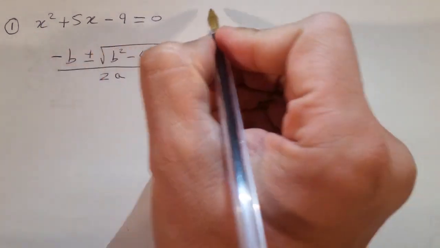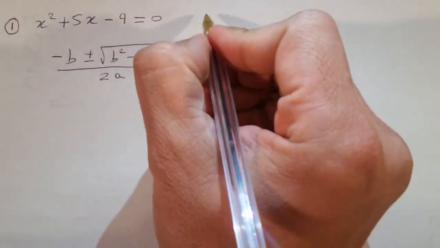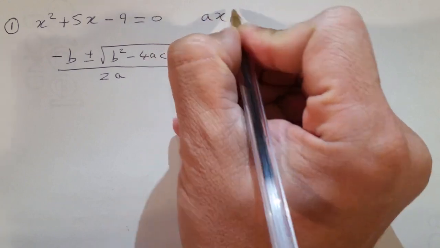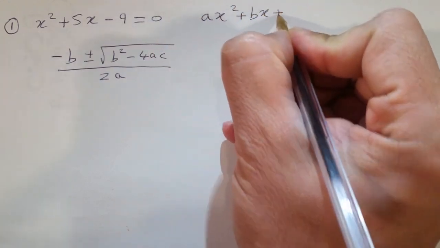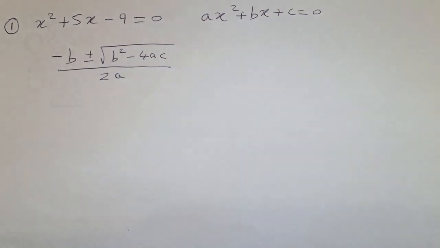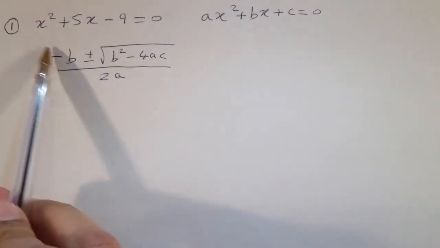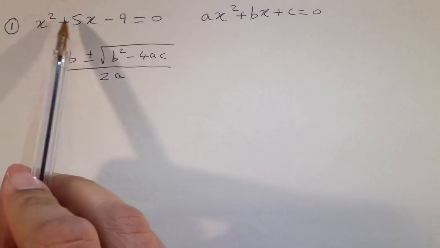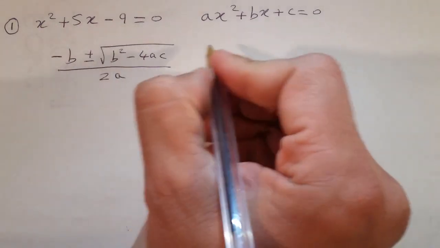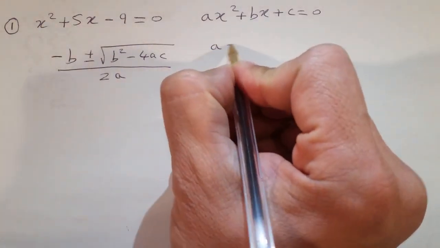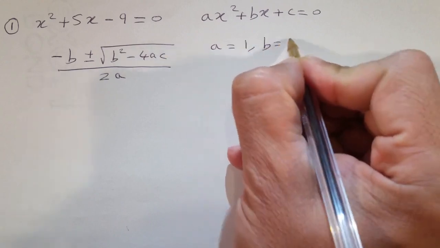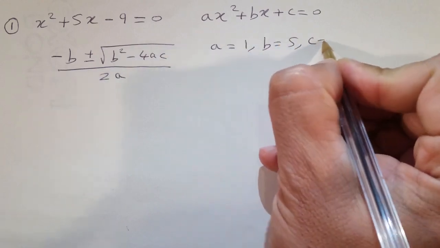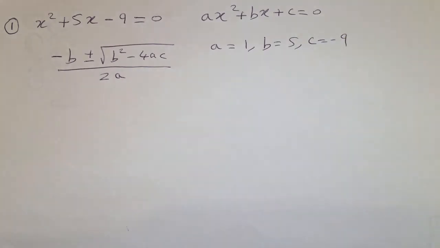This is written in the format ax squared plus bx plus c equals 0, so whatever the first is a, this is b and this is c. So here a equals 1, b equals 5 and c equals minus 9.